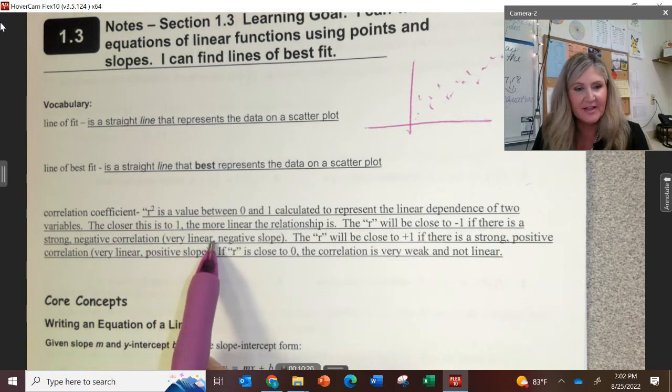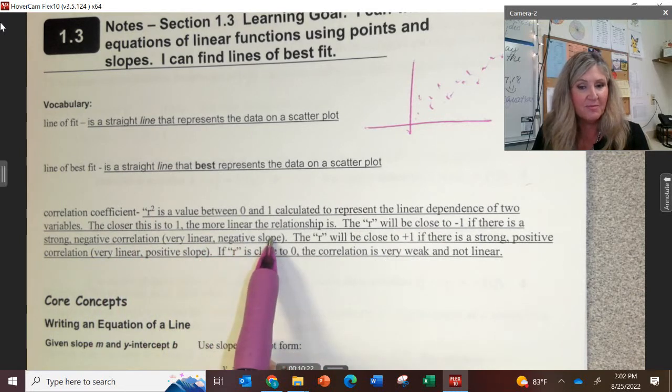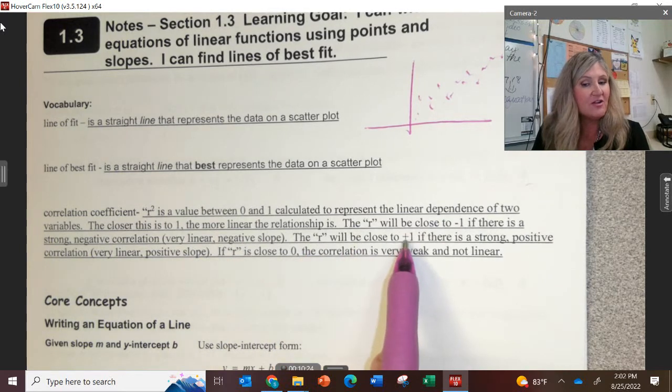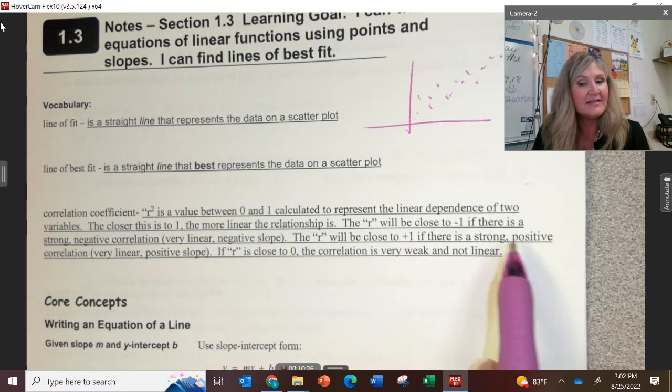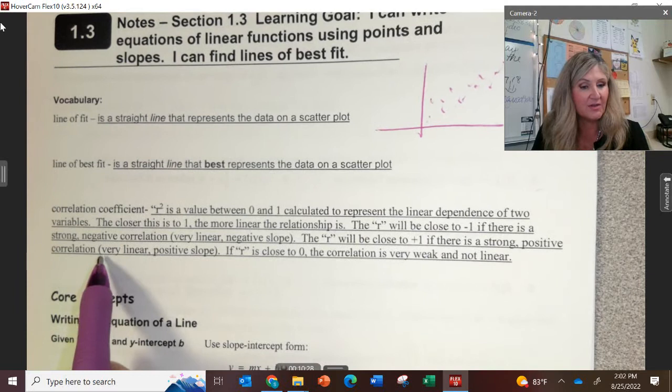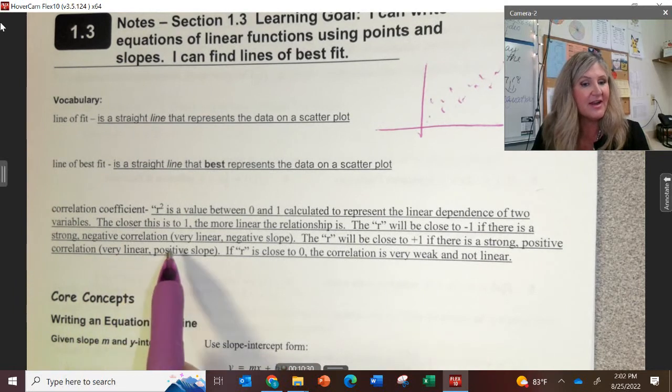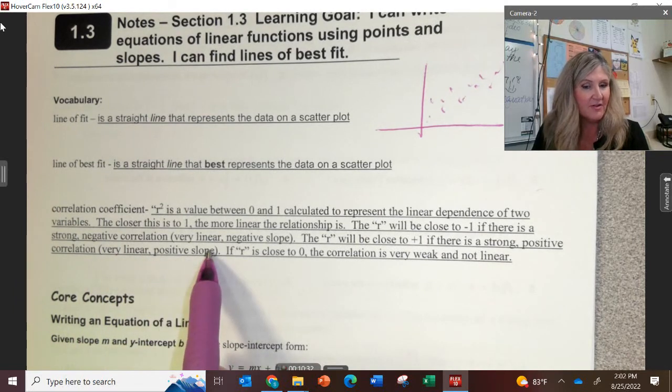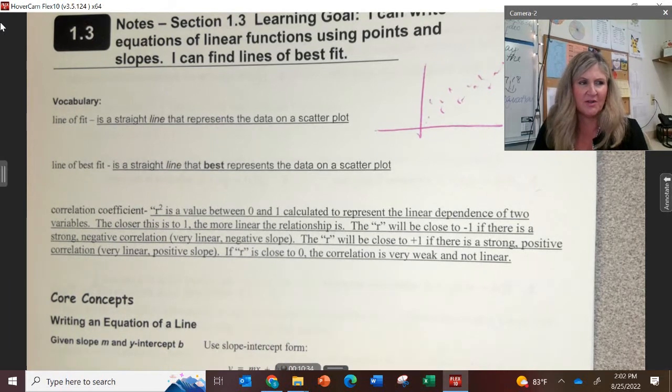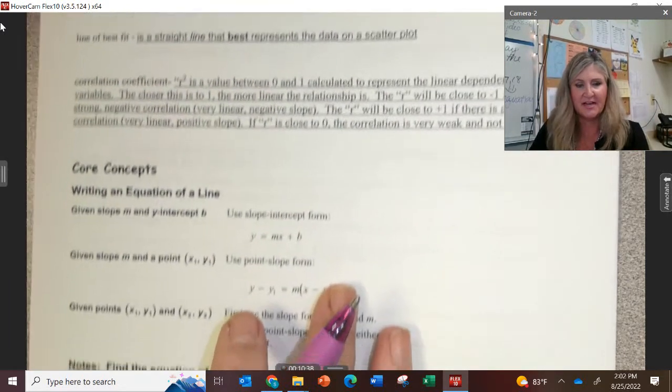It's very linear, but it has a negative slope. If the R is very close to +1, it's a very strong positive correlation. It's very linear and it has a positive slope. Okay, so that's what this R is going to tell us. Right now, you don't even know what R is, but you'll see here in just a second.